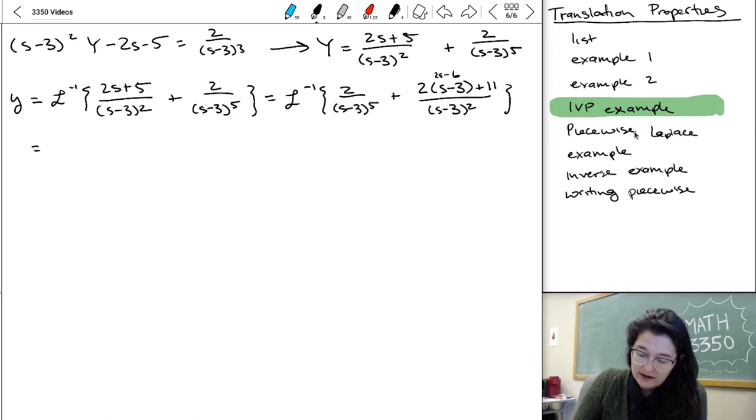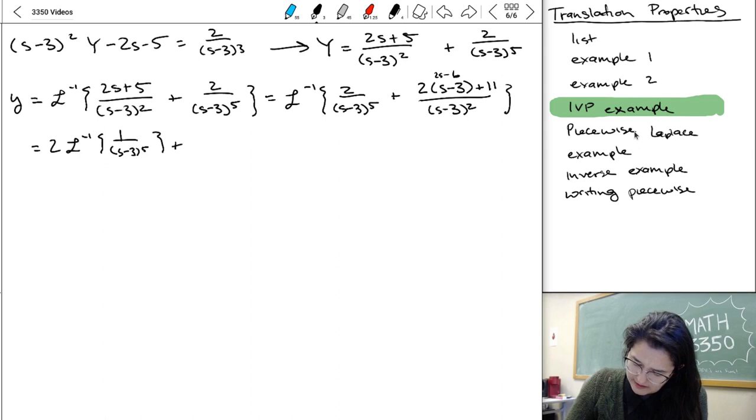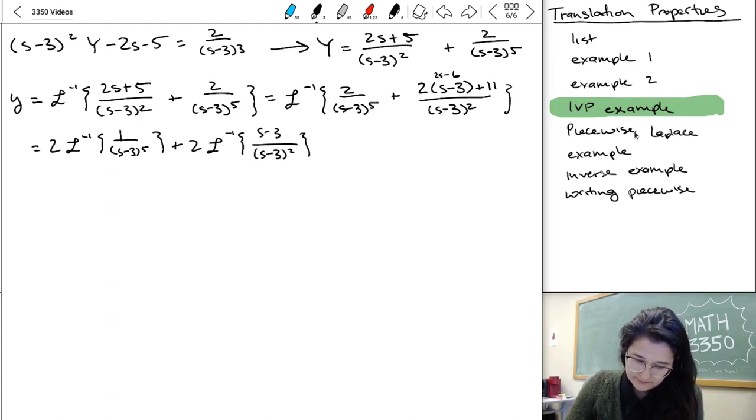So by linearity, this all becomes 2 L inverse of 1 over (s minus 3) to the 5th, plus 2 L inverse of (s minus 3) over (s minus 3) squared, plus 11 L inverse of 1 over (s minus 3) squared.